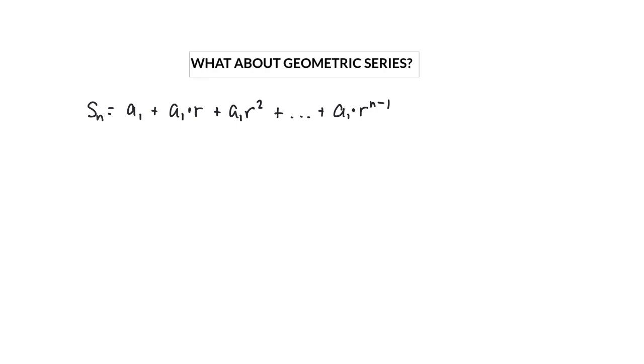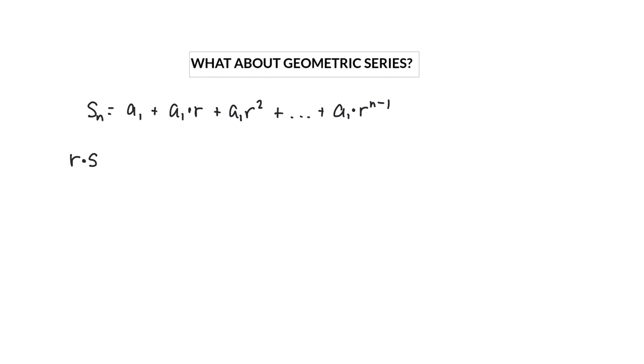Okay, now writing this in reverse and adding them together, like the idea from the last derivation, won't work. However, I can exploit the idea that each successive term is a factor of r more than the previous term. And so I can think about what would happen if I multiplied this entire equation that I have written out here by r.